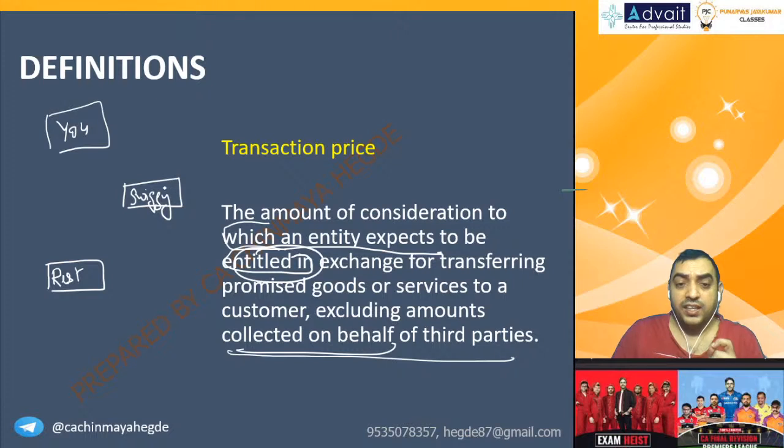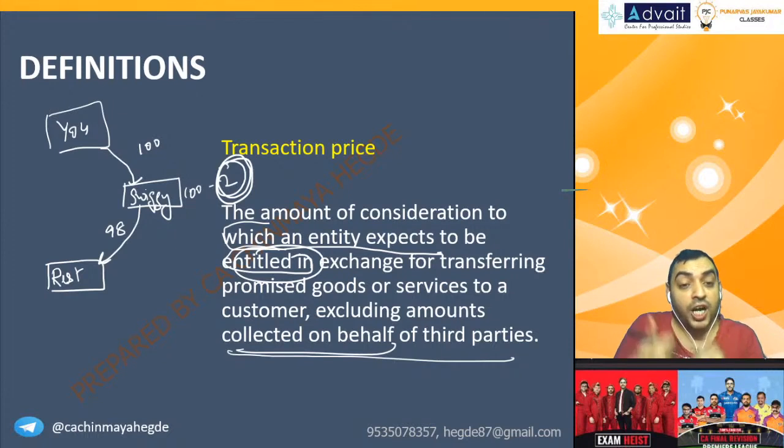Swiggy will collect the money from you and give it to the restaurant. Suppose the amount you are paying is 100, and Swiggy has commission charges of, let's say, 2 rupees, and they will pay 98 to the restaurant. So their revenue is only 2 rupees. The 98 rupees is collected on behalf of the restaurant and paid to them. Therefore, Swiggy should recognize revenue of only 2 rupees, not 100.